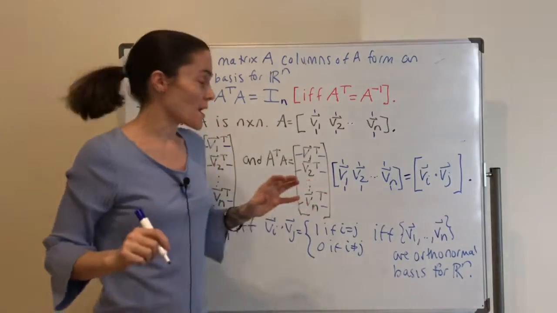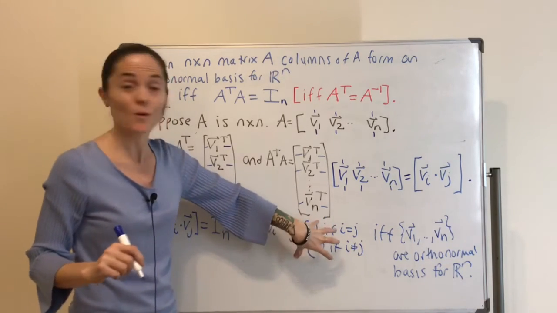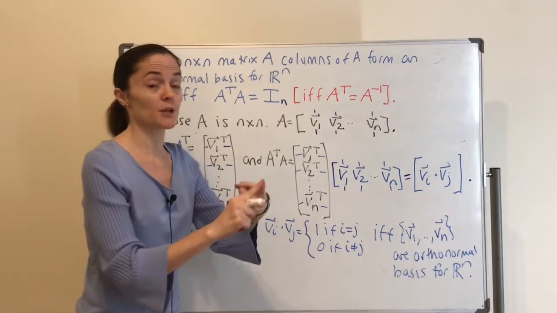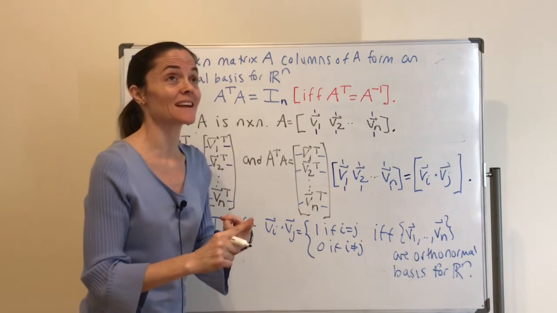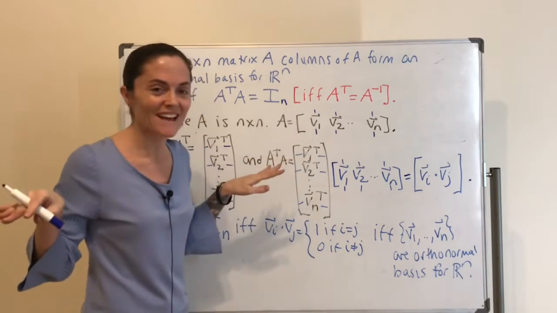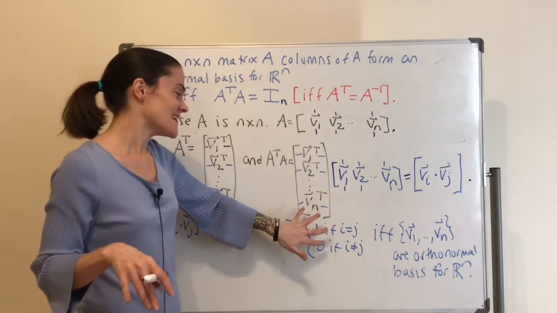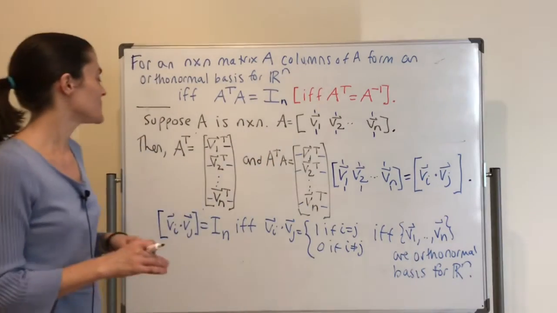Well, why can I say all that other stuff? So this part says they're orthonormal. We know a collection of orthonormal vectors is linearly independent. We know any linearly independent collection of n vectors in Rn is a basis for Rn. So in fact, just having this and the fact that there are n of them, we get that they're an orthonormal basis for Rn.